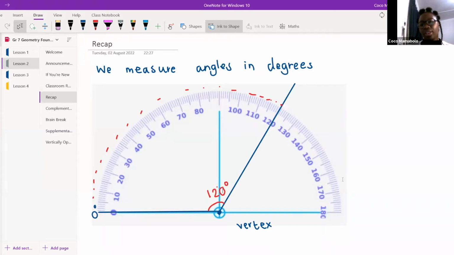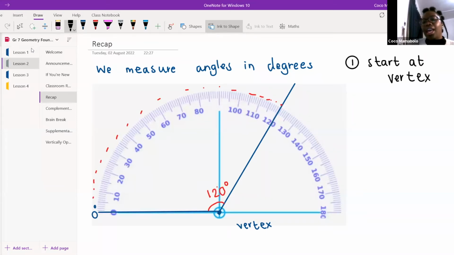Excellent. Okay. So I hope everyone knows how to measure an angle. I want everyone in the chat to tell me, when I draw a line, where does my line start? Okay, I'm going to write down steps for you, Kungawa, so that you don't get lost. Number 1, everyone is telling me in the chat, it starts at the vertex.